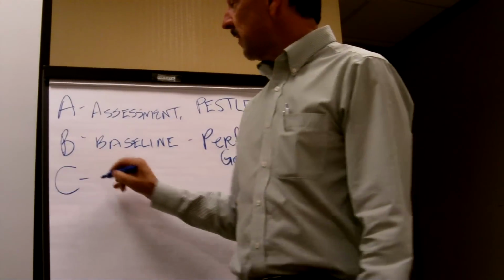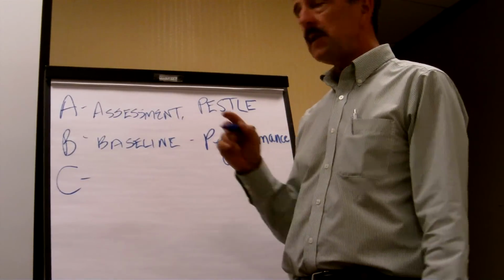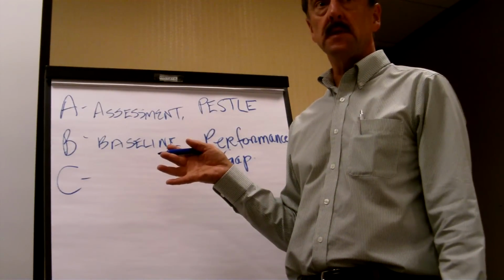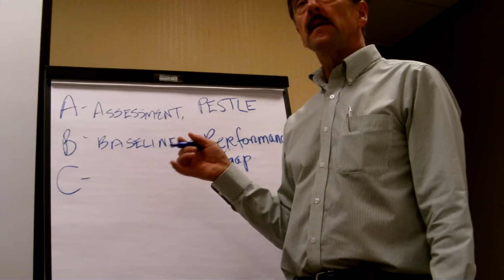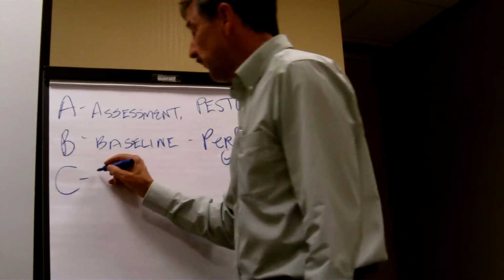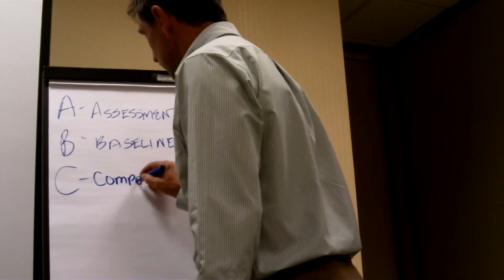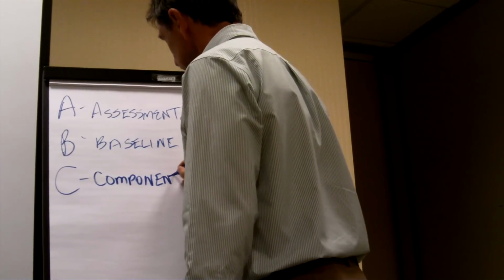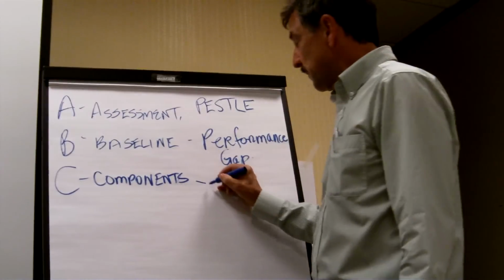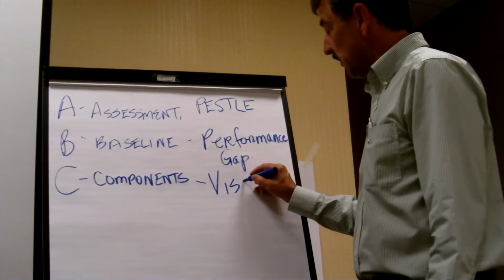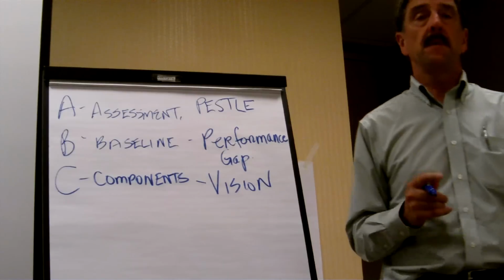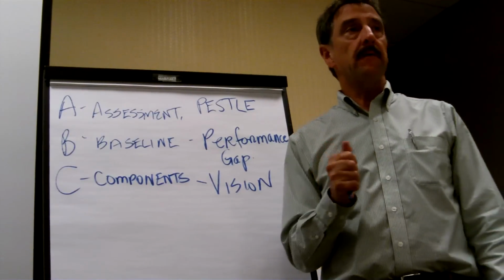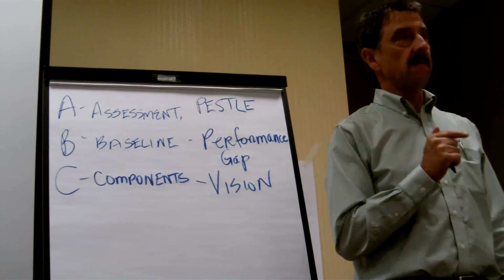Now, the bulk of our time together is going to be in the C part of the ABCDE model. And in the C part, we're looking for components of strategy. In particular, I really want to get us focused on a vision statement. What I want you to remember about a vision statement is that visions are verifiable.